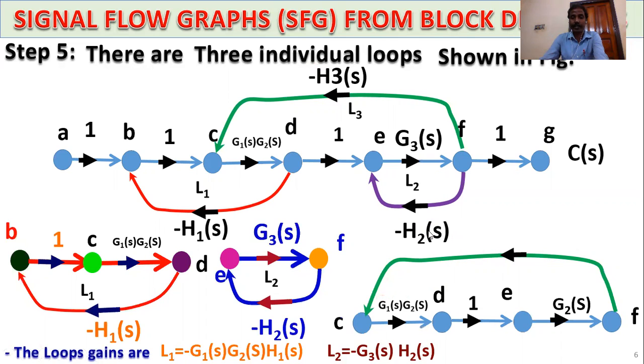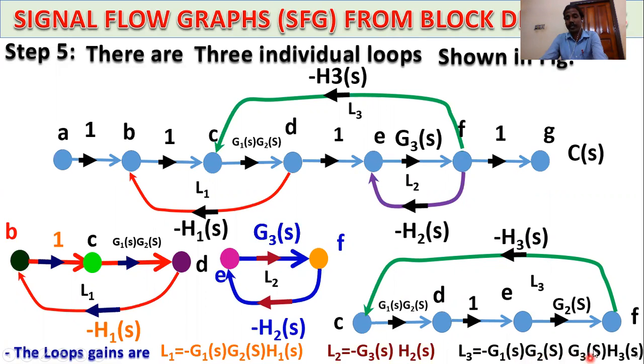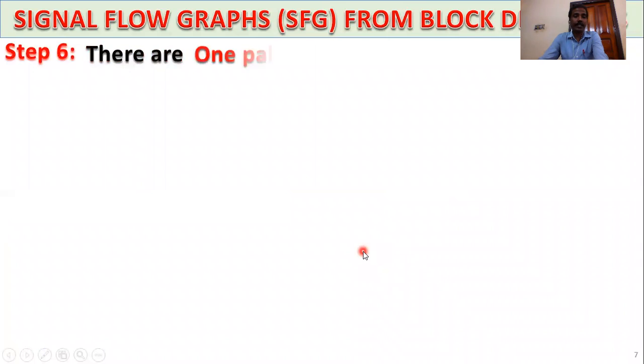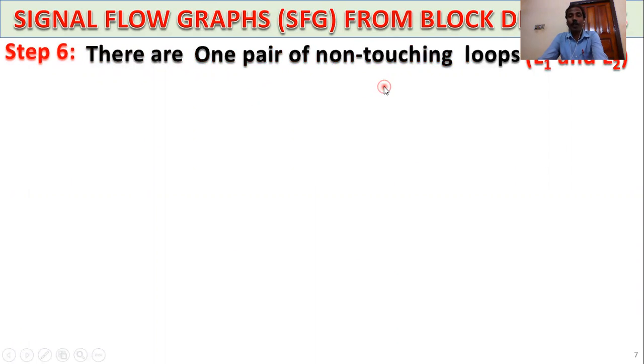This is loop number 3, and the loop gain is minus G1(s), G2(s), G3(s), and H3(s). So the total number of loops is L1, L2, and L3, individual loops. And in this case, step number 6, there is 1 pair of non-touching loops.